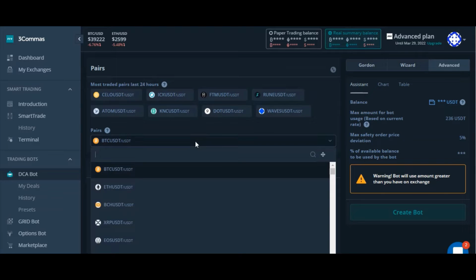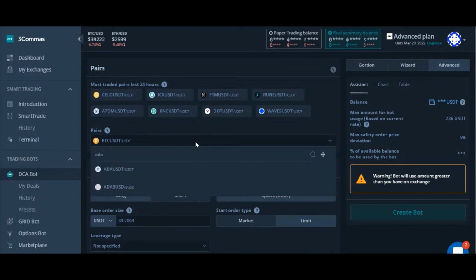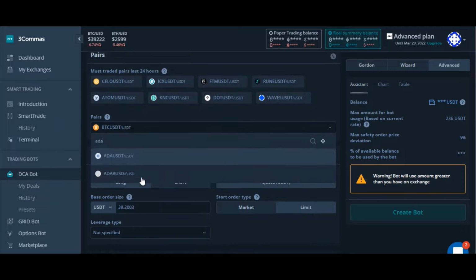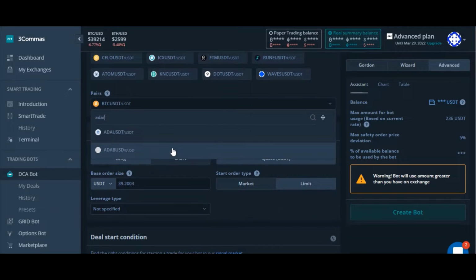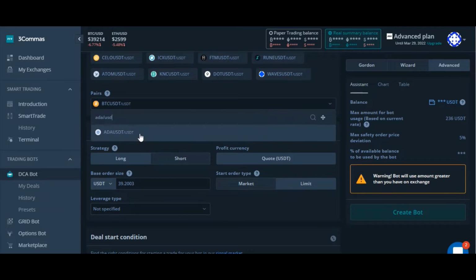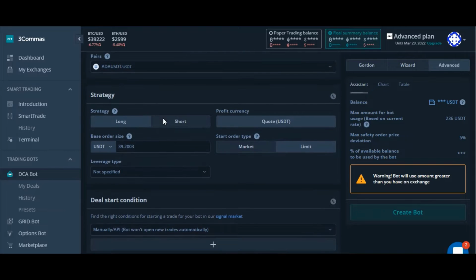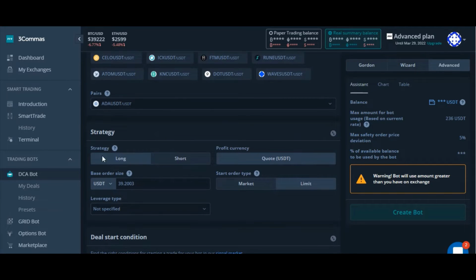And the coin I'm looking at is ADA USDT. Right, this is the one. Strategy is long. This one remains USDT.